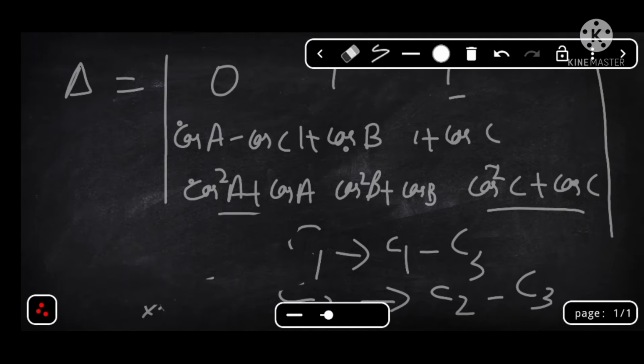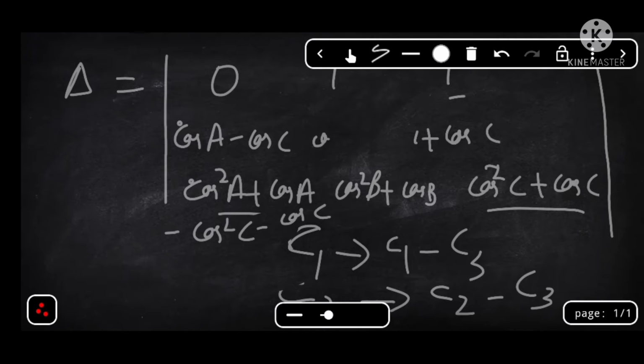So it is going to be cos square A plus cos A minus cos square C minus cos C. Similarly here also, this is going to be cos B minus cos C. Also here, minus cos square C minus cos C.